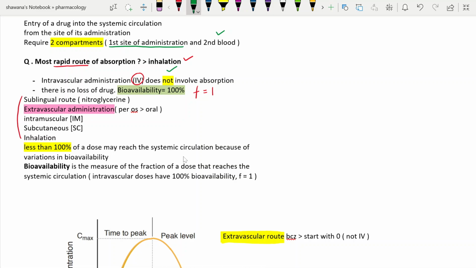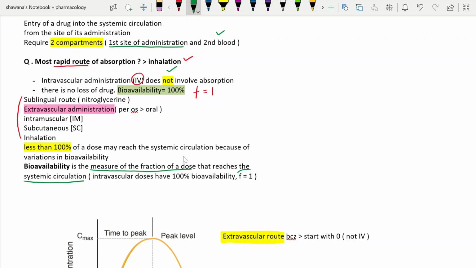Bioavailability is the measure of the fraction of the dose that reaches the systemic circulation. When we administer a drug orally, sublingually, or by other extravascular routes, the fraction of the dose that reaches the blood or systemic circulation is called bioavailability.